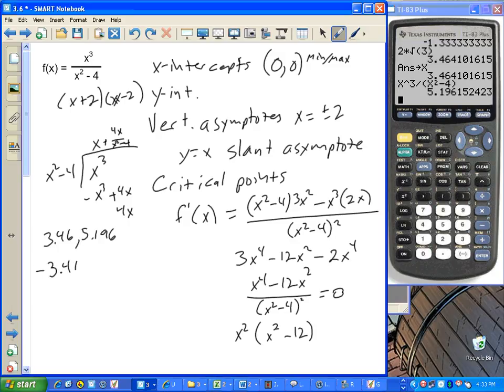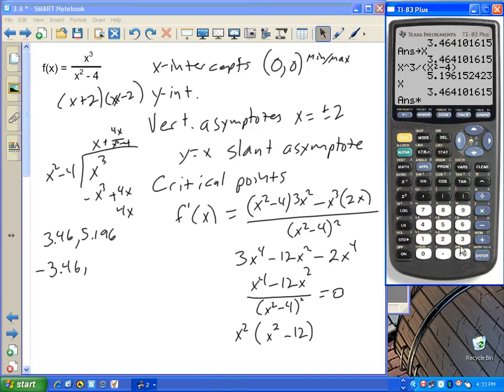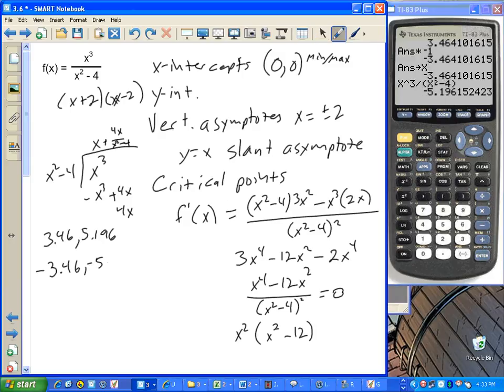If I'm at the negative version of it, let's times it by negative 1 and then restore it as x. And then just go back a couple entries to where I typed in my equation. Just enter again, and now I get, okay, it's just the opposite. So I've got some min-maxes here. Those are my critical points.